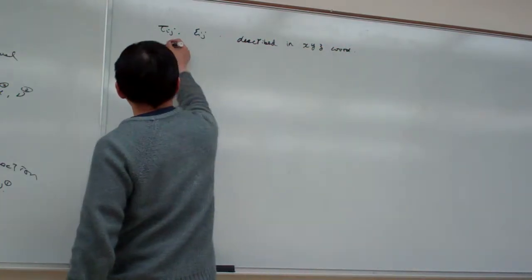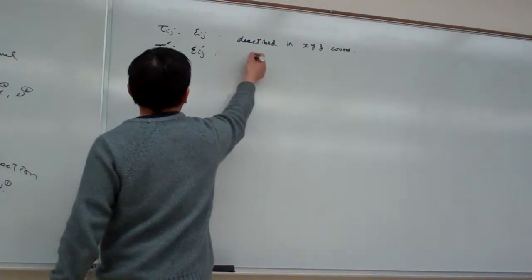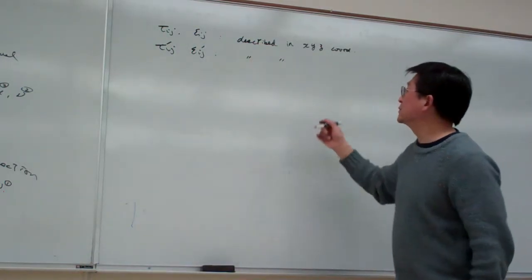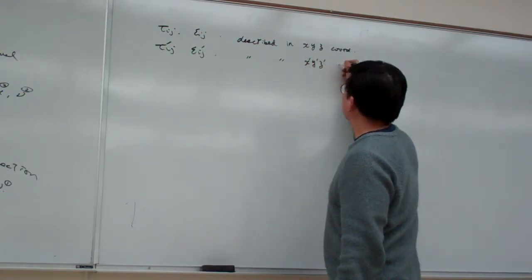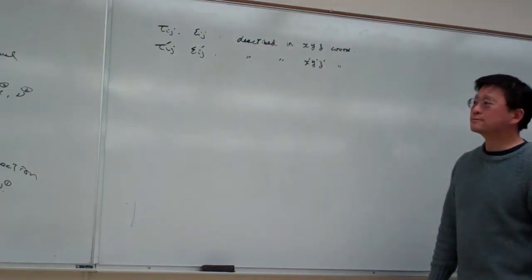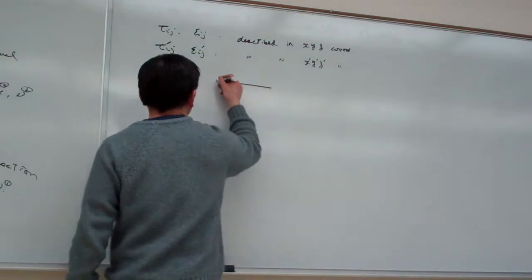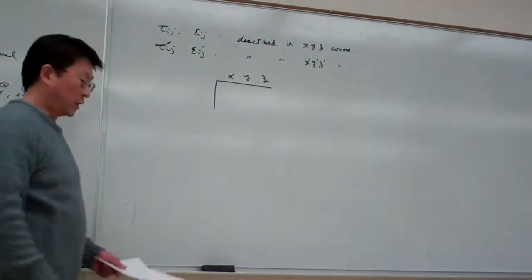And then tau ij prime and epsilon ij prime are described in, for example, a new coordinate system. And then between the old coordinate system and the new coordinate system, we know we have certain transformation tables.